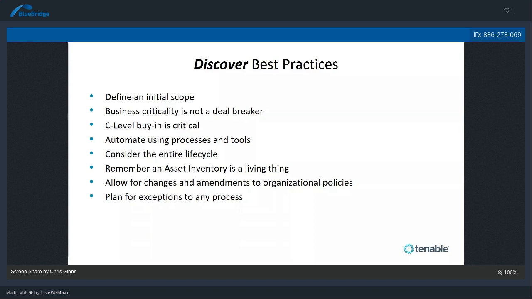It's also important to think about your assets and their life cycle as a whole, though. Just because you bought a machine, you've got to think about when it's going to be taken out as well. How old is it? Has it been patched recently? You want to make sure that you keep up to date with your asset life cycle. And your inventory is going to be a living thing. It's not static, generally.